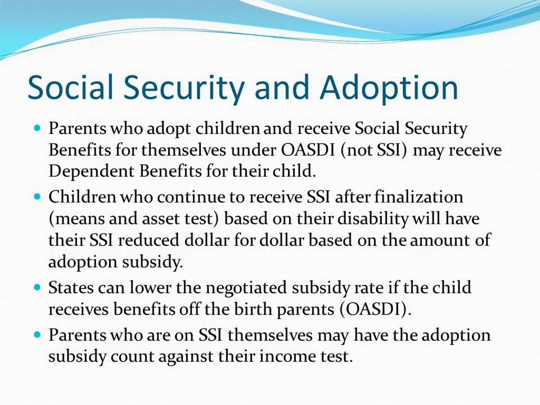So let's say Joe, who is a little older than I am, retires, and he starts collecting Social Security benefits based on the quarters he paid in. If he were to then take a relative into his home and adopt that child, he can get dependent benefits for their child. This is for children who are adopted.